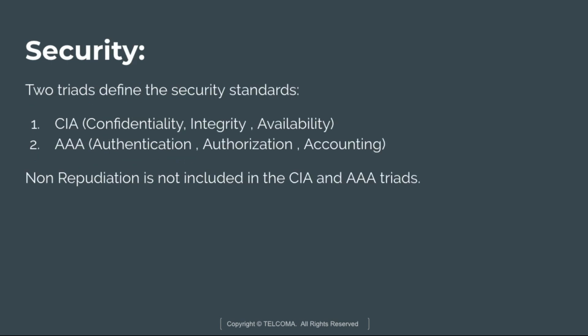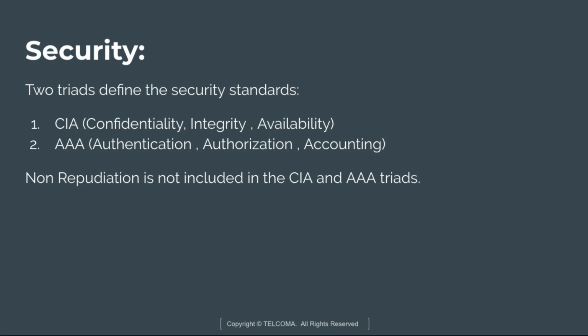So there are two types of traits that are defined by the security standards, that is CIA and triple A. Here the CIA stands for confidentiality, integrity and availability. Confidentiality means stored or transmitted information cannot be read or altered by any unauthorized party.